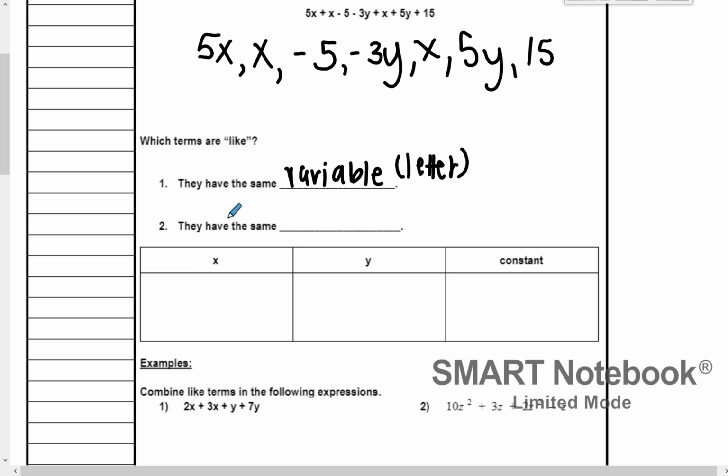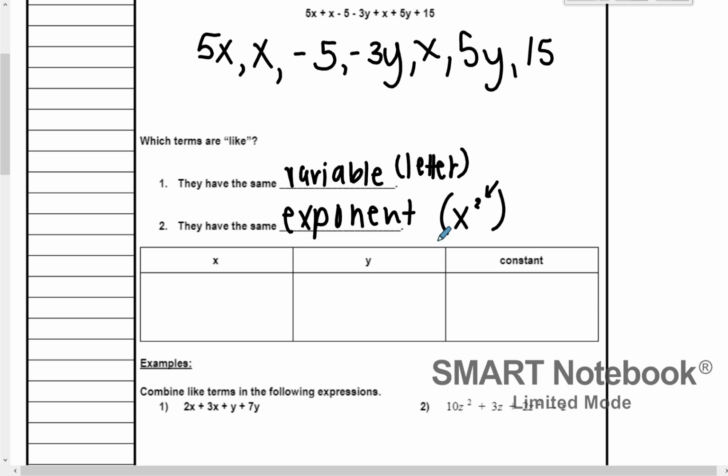That's because the second thing I mentioned was that they have to have the same exponent. And remember, exponents are those little numbers. So if it's an x squared, that's going to be different than just an x. And let's remember x squared means x times x. It's this thing that's being squared times itself this many times. So x squared is x times x.